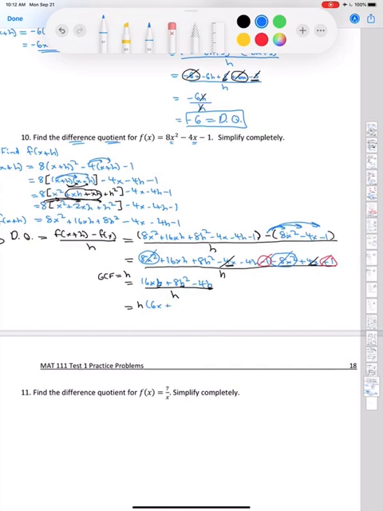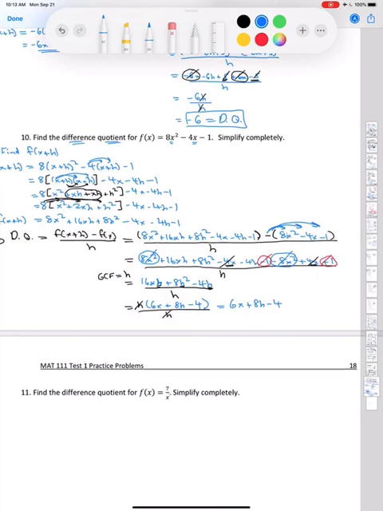So we factor out an h from 8h squared, where we're left with 8h. And with minus 4h, we factor out the h, we're left with minus 4. And again, all of this is being divided by h. And there's that common factor. So in the end, what is our difference quotient? 16x plus 8h minus 4. There's our difference quotient.